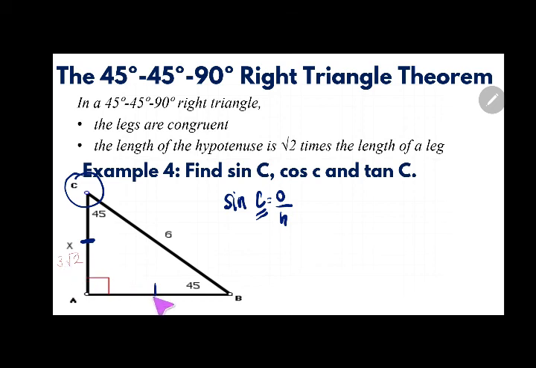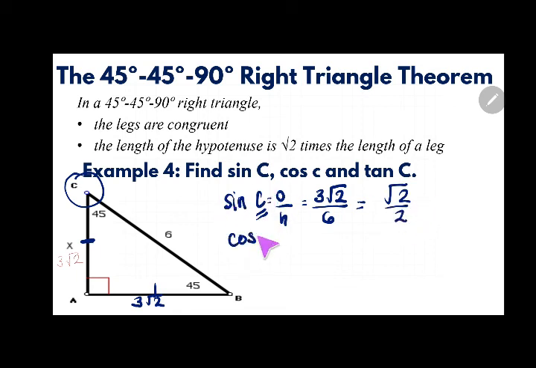So, ang isang leg ay 3 square root of 2, therefore, ang side na to ay 3 square root of 2 rin. So, ang opposite side natin ay 3 square root of 2 at ang hypotenuse naman ay 6. So, may common factor ang 3 at 6 na kailangan nating i-cancel. So, yun ay 3. So, matitira na lang is square root of 2 over 2. So, yun yung value ng sin C.